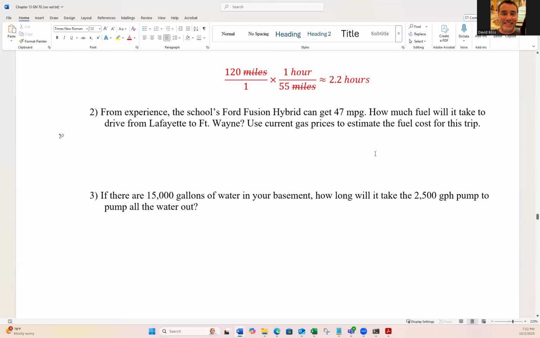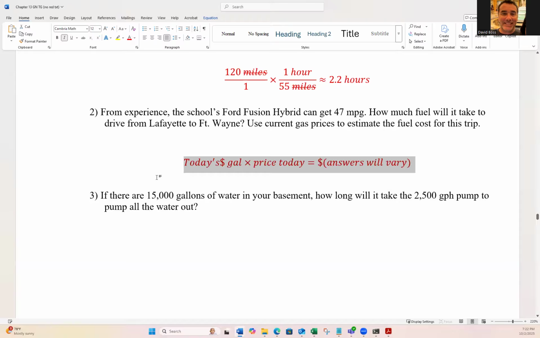Ultimately, we want how much fuel, so the only thing we want to have left in our equation is gallons. So you want to set it up so that, oops, I skipped the answer. Jumped right to the second answer.